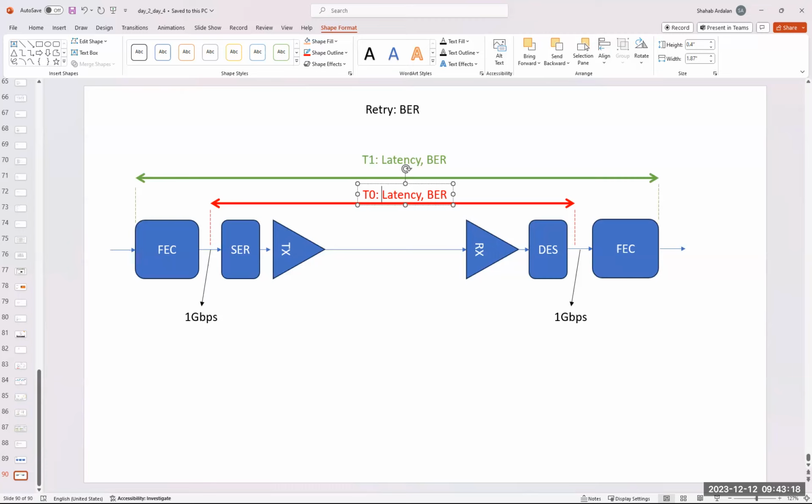That's totally defined and people can report it. But for retry, I don't have any timing or latency or throughput number because it really depends on the channel and how many times we have to retry. If the channel is a little bit worse, then we might actually retry more.